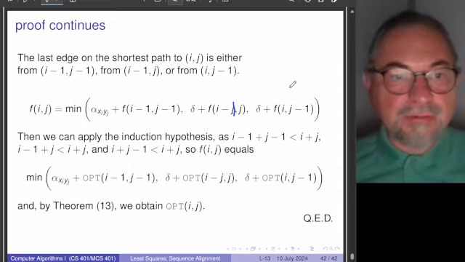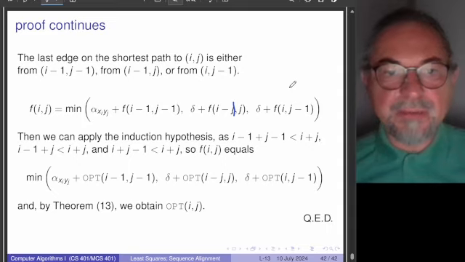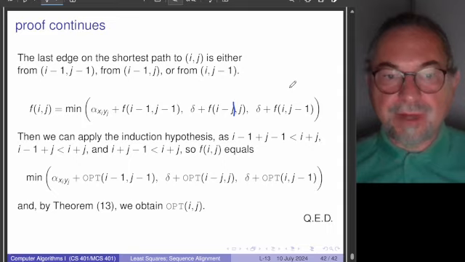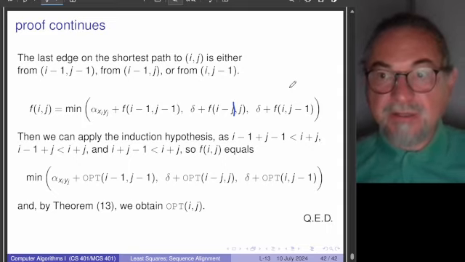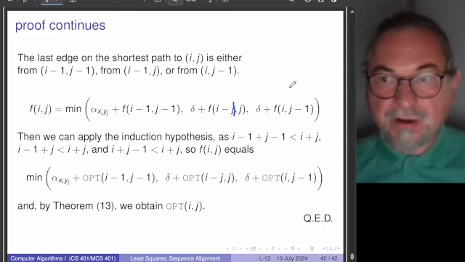So in all three cases, the induction hypothesis applies, and we can replace the f by the OPT. And then the theorem applies, and we have that the values that we compute in this graph are indeed the minimal cost path.